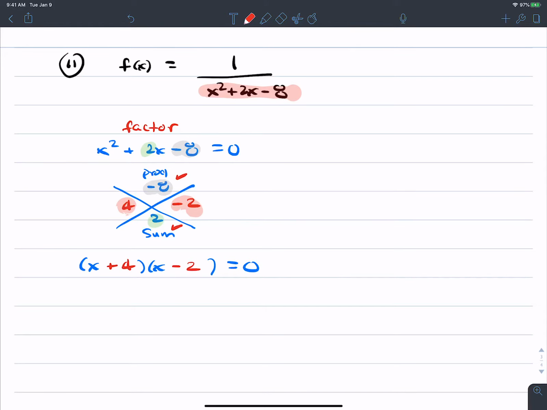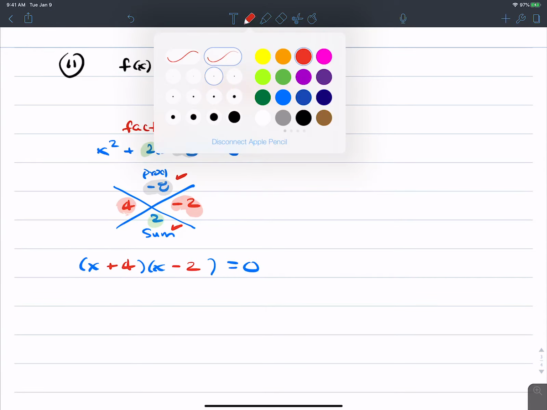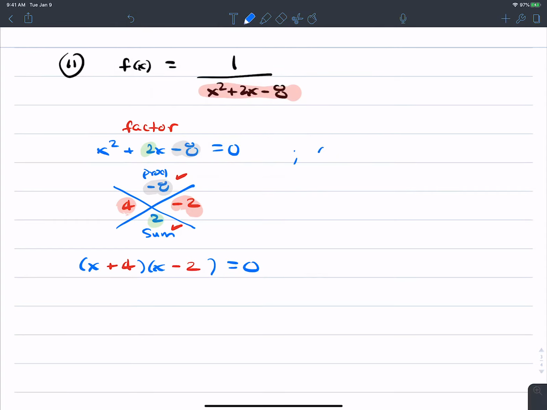So by the zero product rule now, we'll get the following. x plus 4 equals 0.